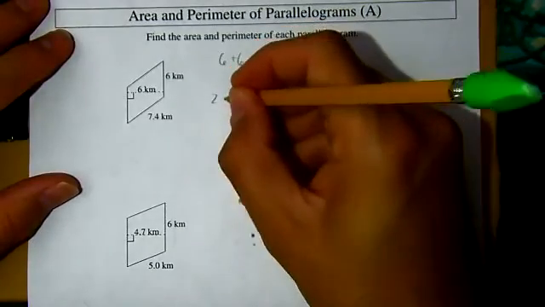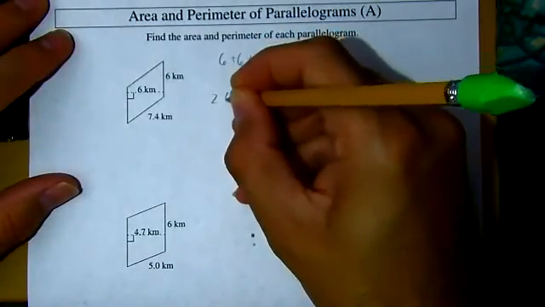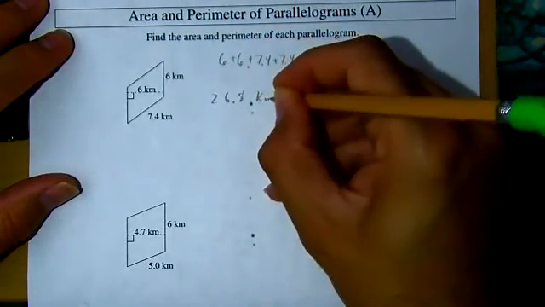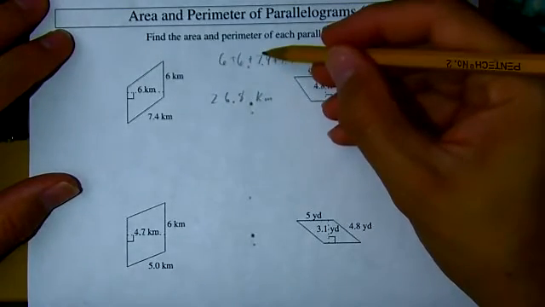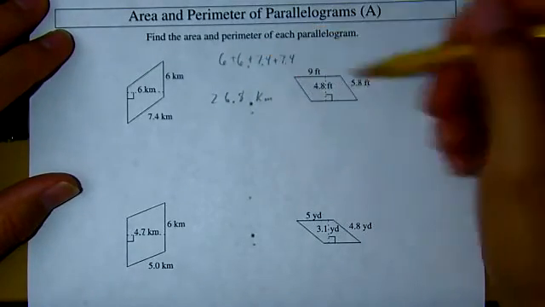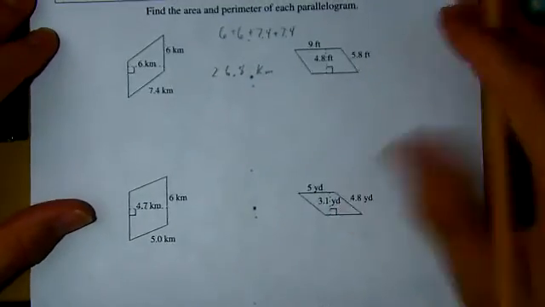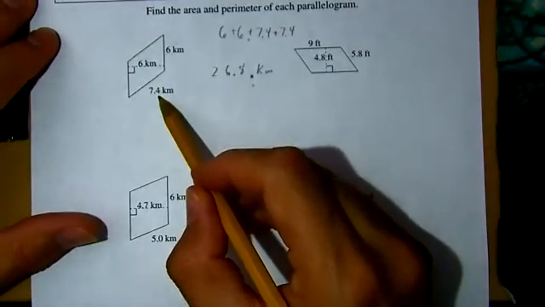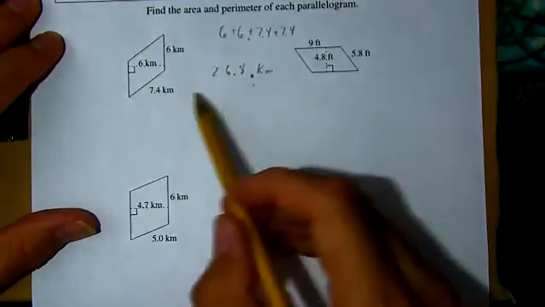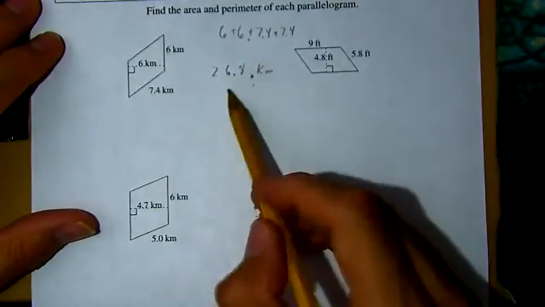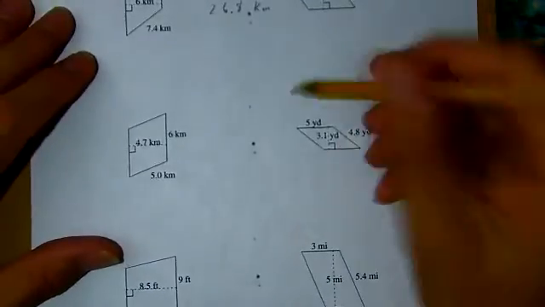I think it's 26.8. Let me double check myself real quick. Yeah, it's 26.8 kilometers. So notice I added 6 twice, 7.4 twice, because there's 2 sides to each, and add those 4 sides to get that.